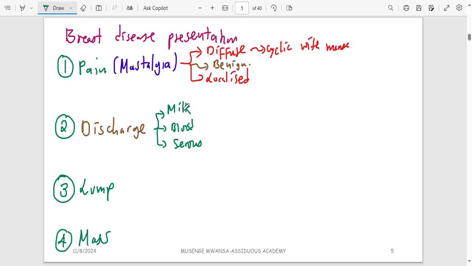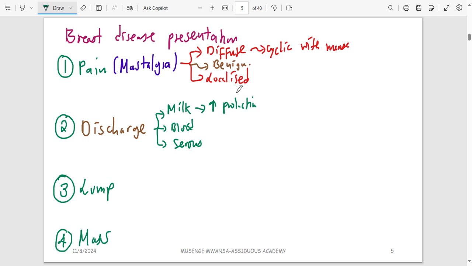Now milk, when the milk is coming out of the nipple, this is not always associated with malignancy, right? The milk discharge is referred to as galactorrhea, and it is just because there is an increase in the production of prolactin. You know, prolactin causes milk production, right?